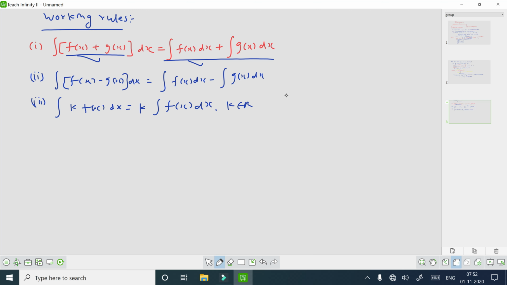Of course, there is a product rule also. That thing we are going to see later on, and the name of that rule is integration by parts. But see, in case of limit or derivative, we have a division rule.